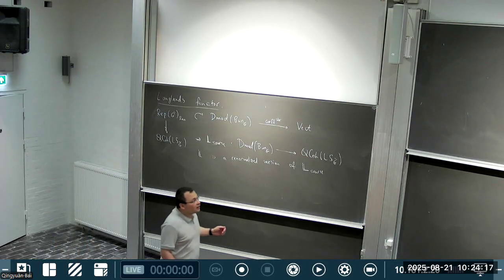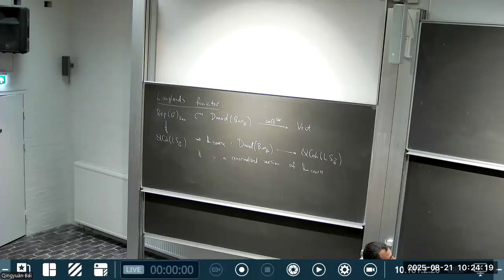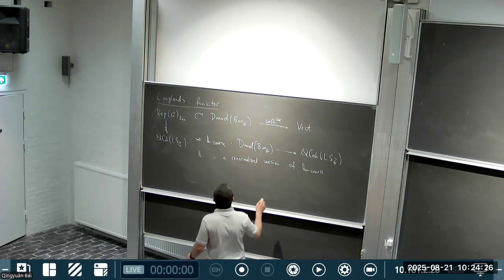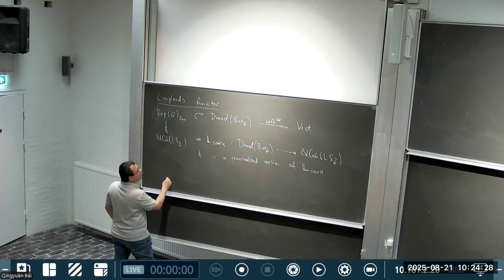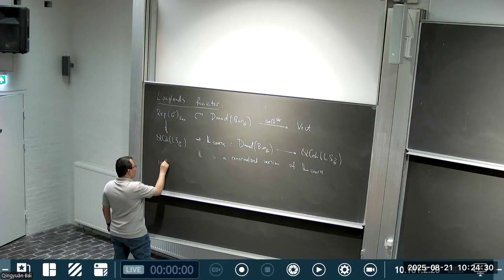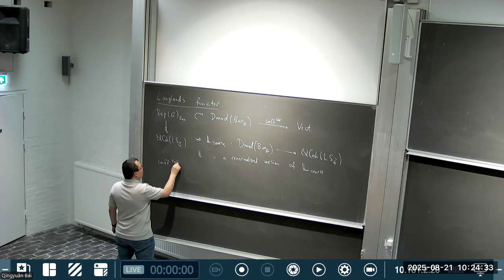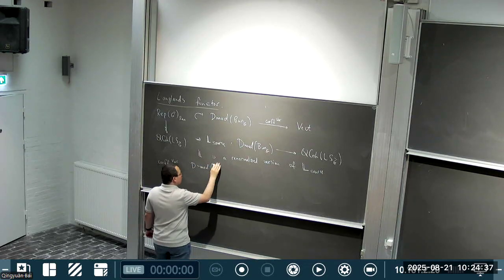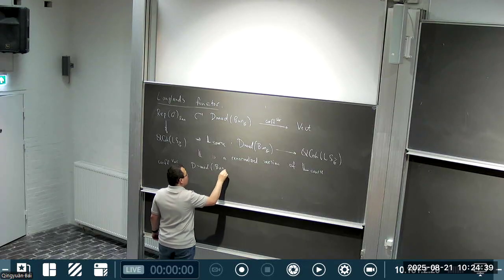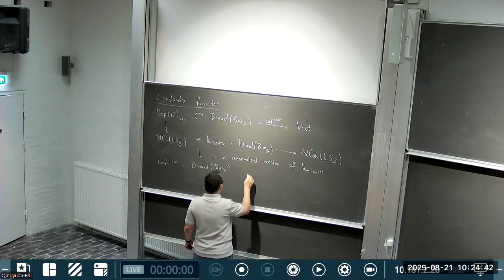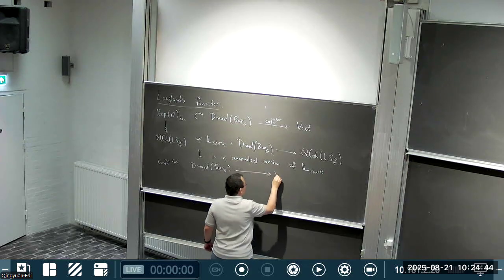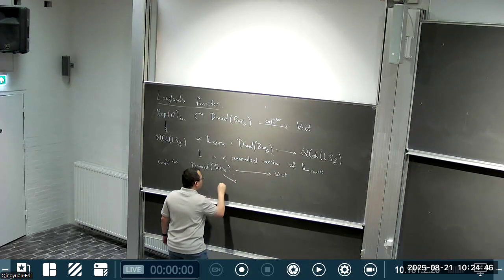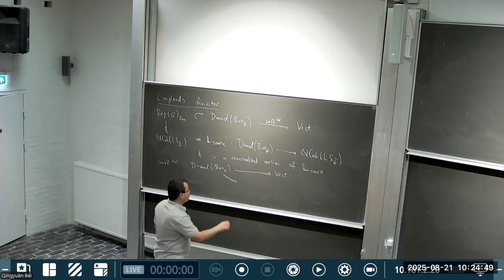And so, what do we know? Well, we have the Whittaker coefficient functor, and this factors via this Whittaker category.